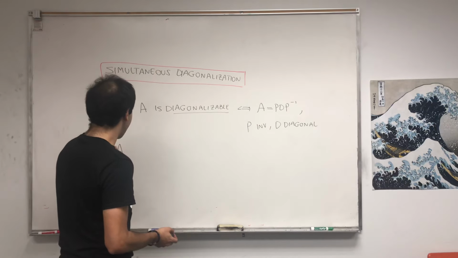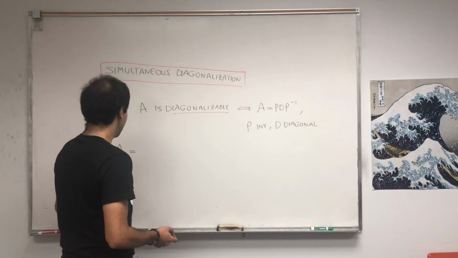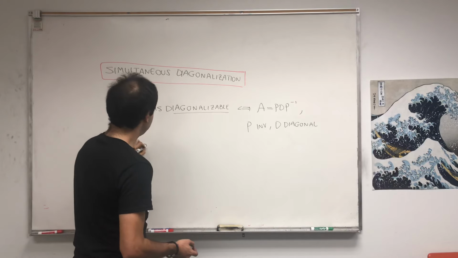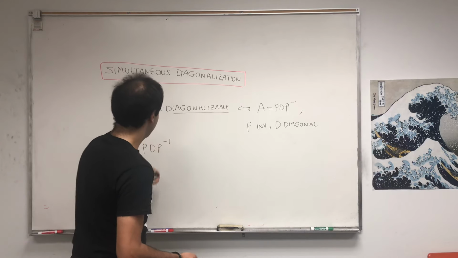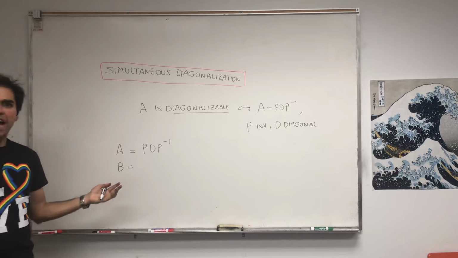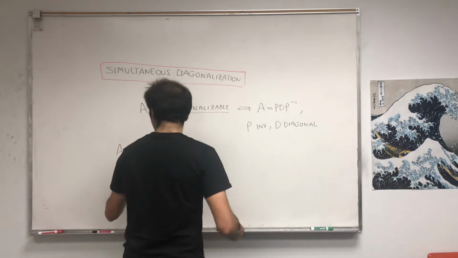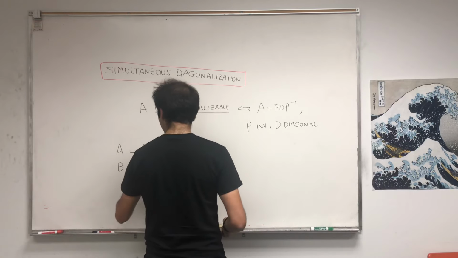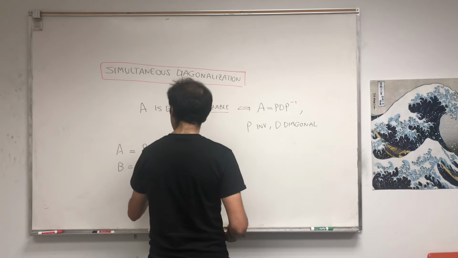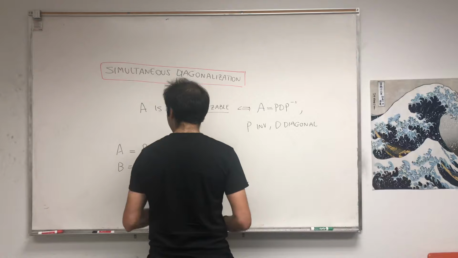If A is diagonalizable, then A is PDP inverse, right? If B is diagonalizable, it technically means B equals some other matrix Q, some diagonal matrix D prime, and Q inverse.